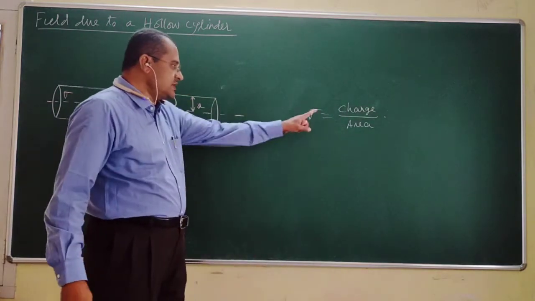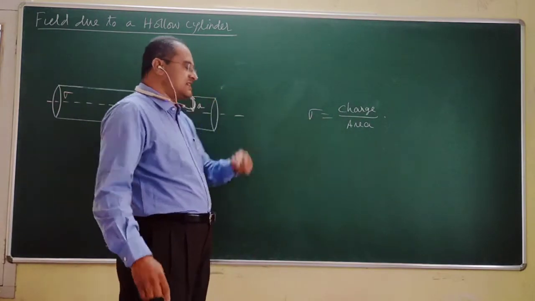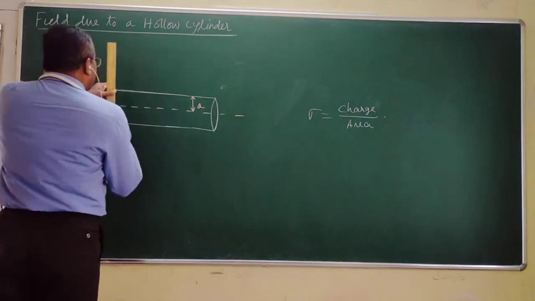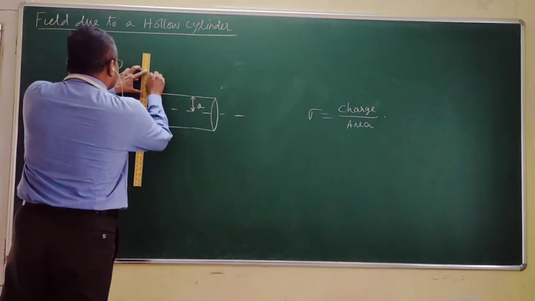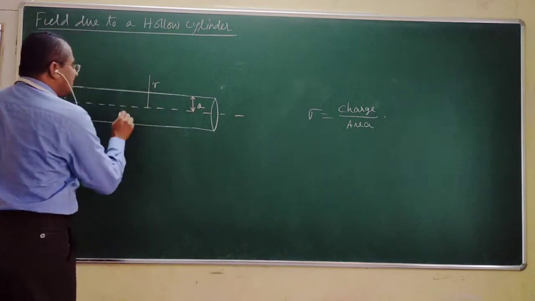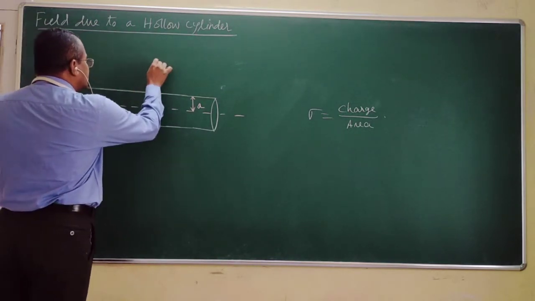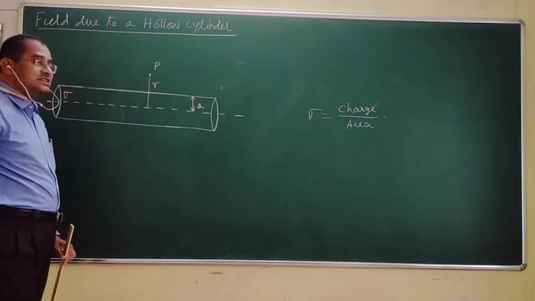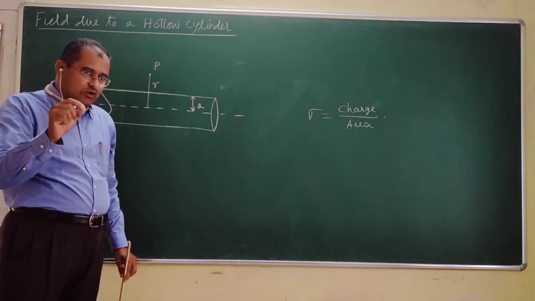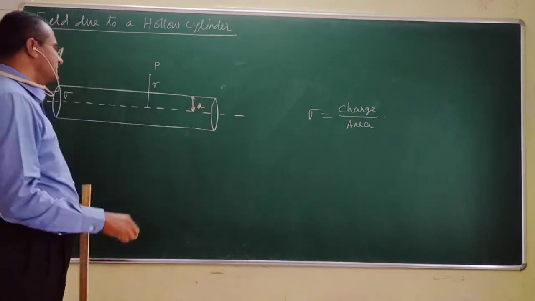Charge per unit area is surface charge density sigma. Now, let us say at a distance r from the axis of this hollow cylinder, you are given a point P where you want to find out what is the value of electric field intensity.